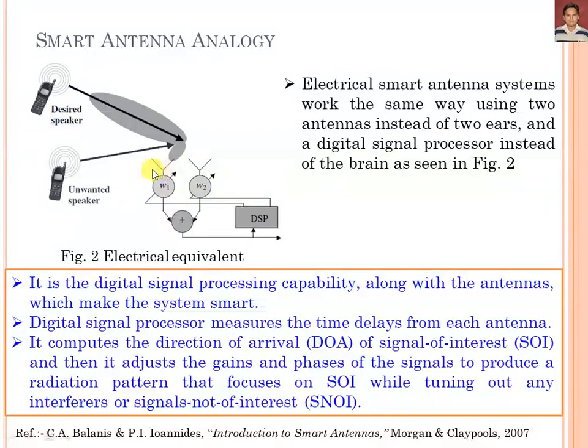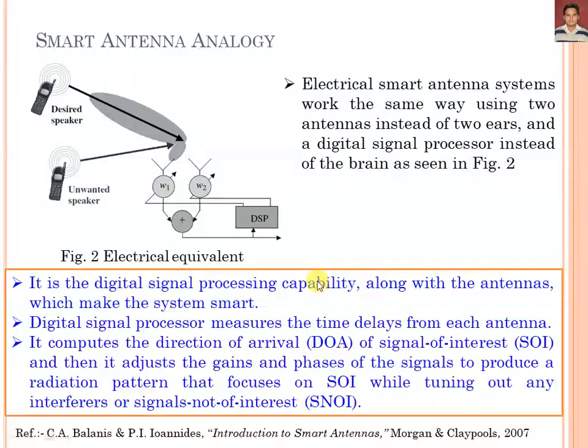By using a weighting factor and the digital signal processing approach, we can adjust the gain and phase of the signal to produce the signal of interest while tuning out the interference or signals not of interest in the smart antenna system.